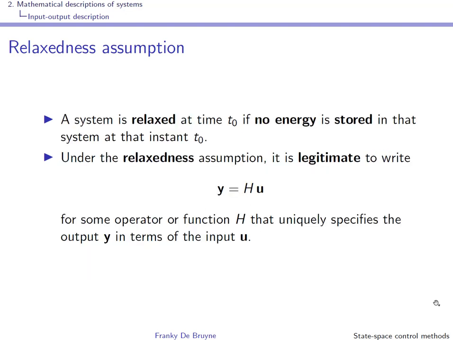The system is relaxed or is at rest at time t0 if no energy is stored in that system at that same instant t0. Under the relaxedness assumption, it is legitimate to write y, the output, is h times u, where h is some operator that uniquely specifies the output y in terms of the input u.